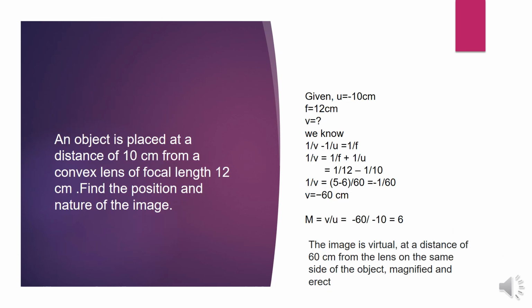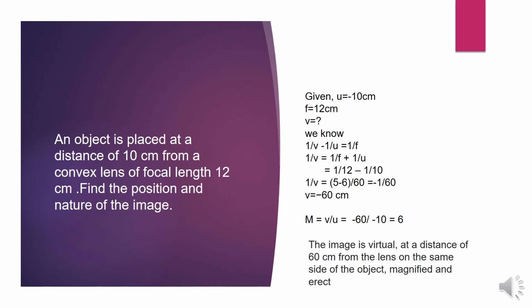Another sum. An object is placed at a distance of 10 centimeter from a convex lens of focal length 12 centimeter. Find out the position and nature of the image. Same as the earlier one, write the given data. U is always negative, so minus 10 centimeter. F is plus 12 centimeter. What will be V?